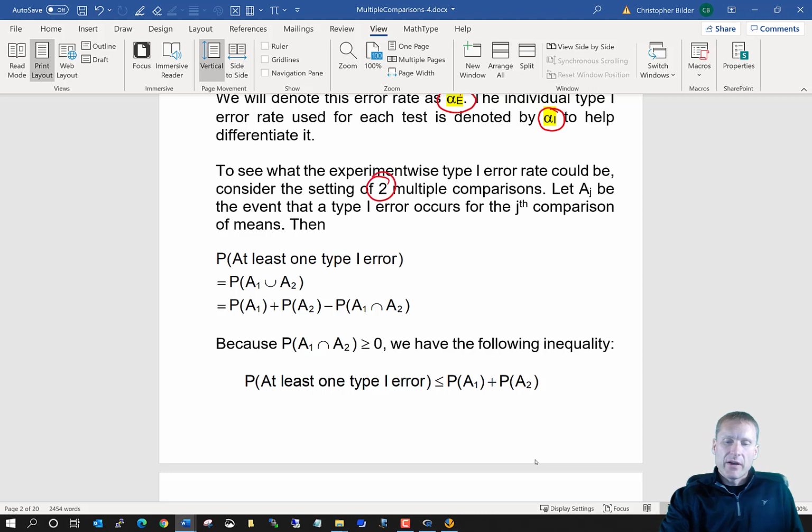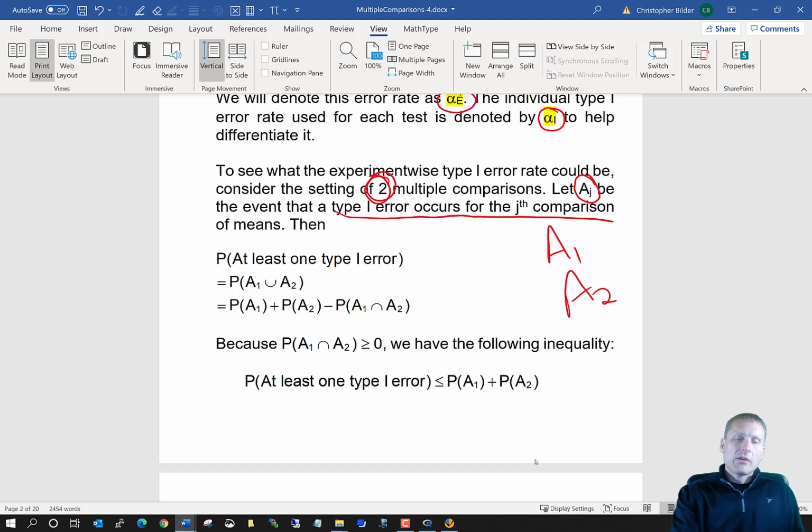Let's say in a very simple situation we have two possible multiple comparisons that we want to make. Let A sub j be the event that a type 1 error unfortunately occurs for the jth comparison of the mean. So A1 is the event of a type 1 error for the first comparison. A sub 2 is the event of a type 1 error for the second comparison.